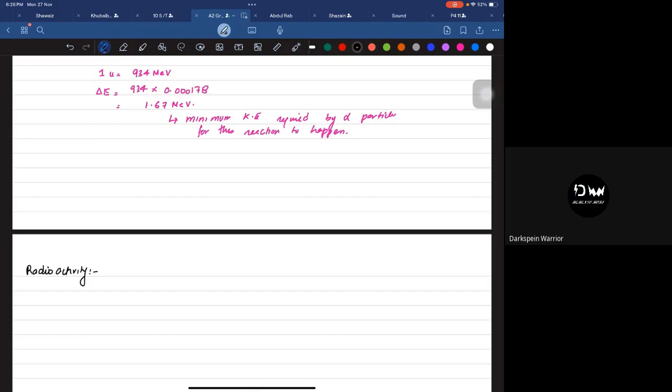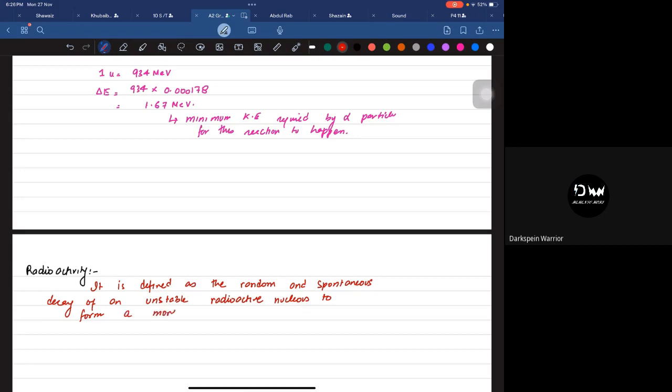For radioactivity, you need to write the definition first. It is defined as the random and spontaneous decay of an unstable radioactive nucleus to form a more stable nucleus or nuclei.